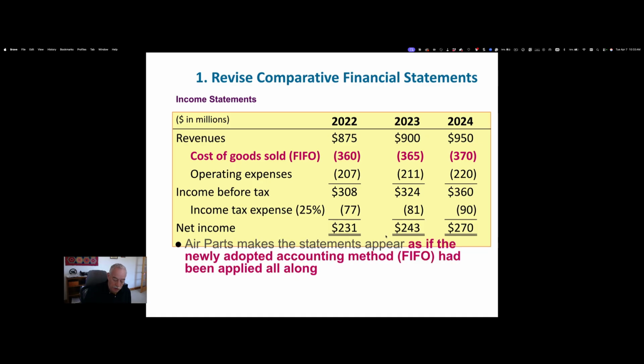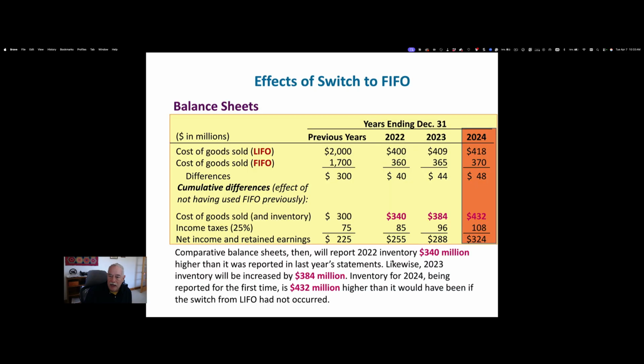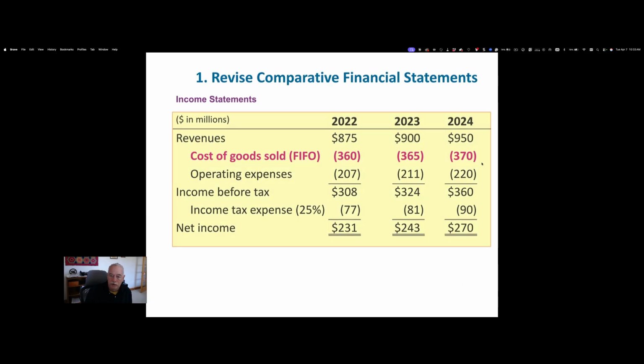So what we need to do is revise the financial statements as if we've been using the newly adopted accounting method, FIFO, all along. Remember that under FIFO, we have 360, 365, and 370 of cost of goods sold.